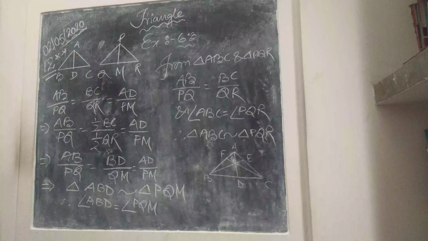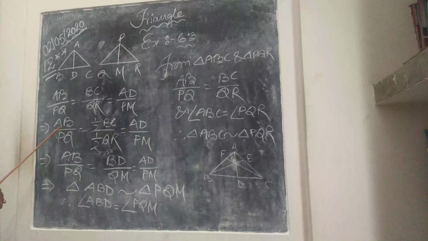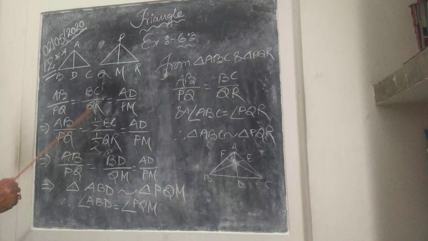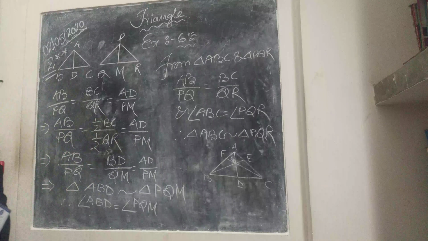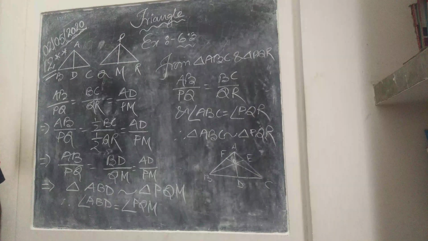Then let's see. It is given that AB by PQ equals BC by QR equals AD by PM, and then AB by PQ equals half BC by half QR equals AD by PM. Remember, you learned in classes 6, 7, 8 that if you multiply both numerator and denominator by the same thing, there will be no change in the ratio.